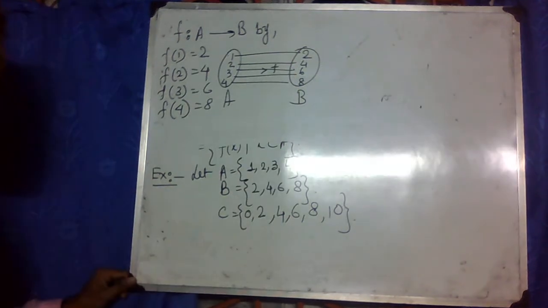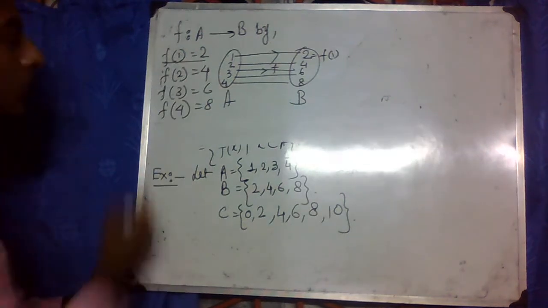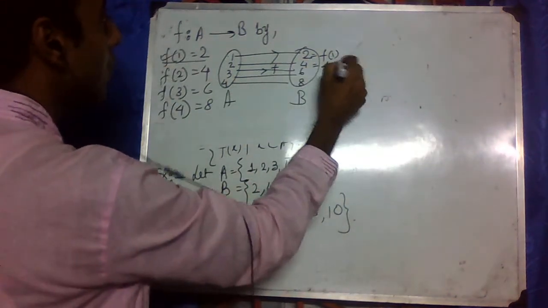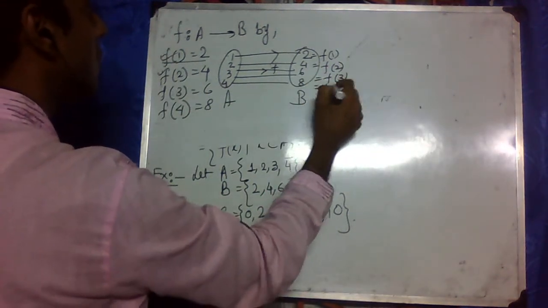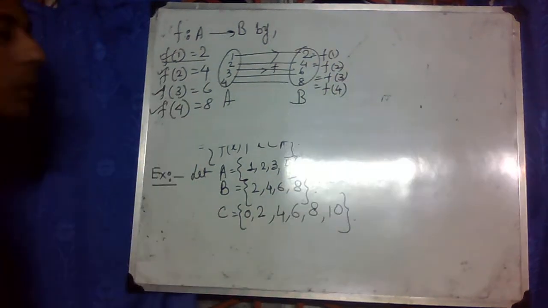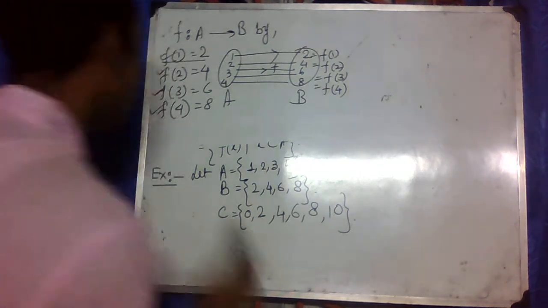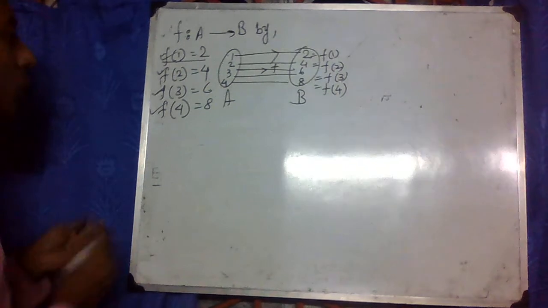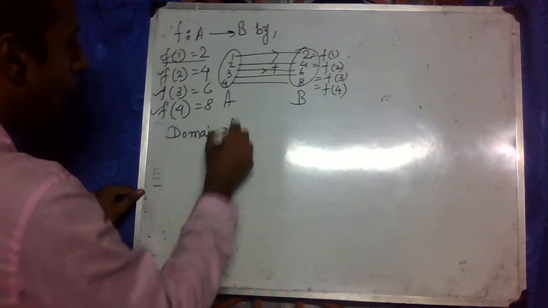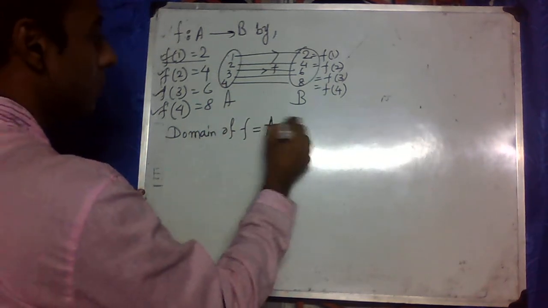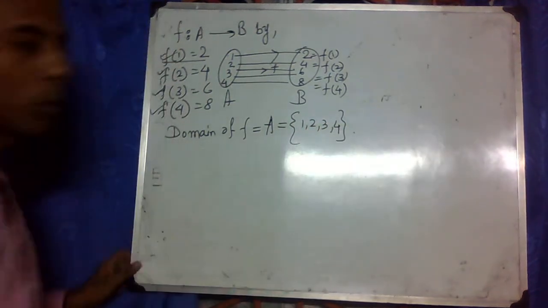This is f. 2 equal to f of 1, 4 equal to f of 2, 6 equal to f of 3. In this way, we have defined this function f. Therefore, here the domain of f is the set 1, 2, 3, 4.